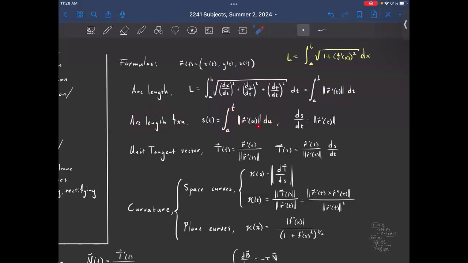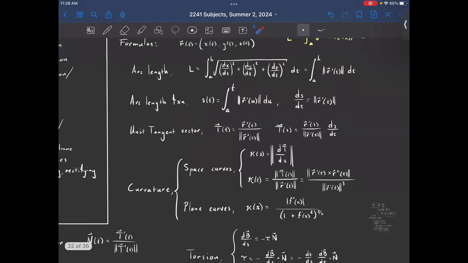And so we will integrate this same integrand from the arc length, just with a variable upper bound. And this also gives us that the rate of change, the speed along the curve, is given by this, the speed at which we traverse a single unit on the curve.